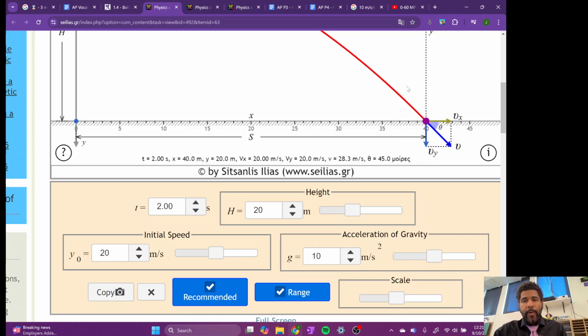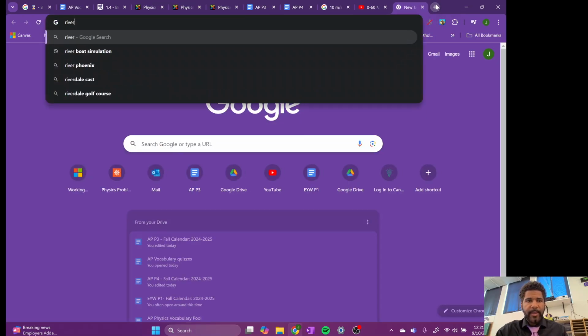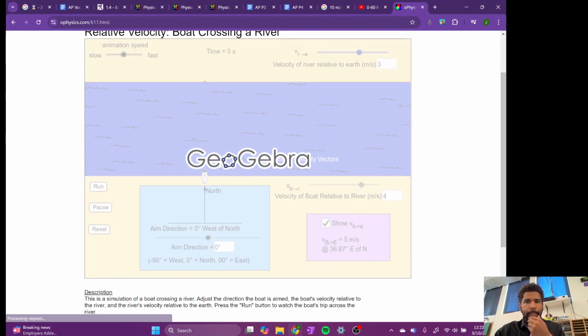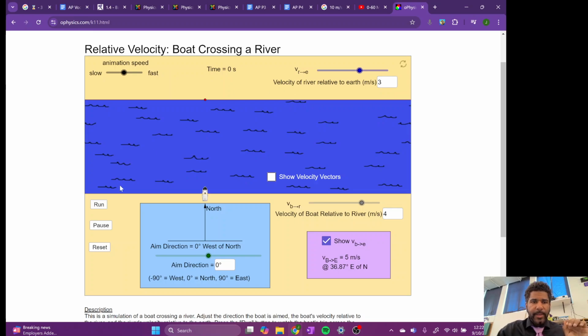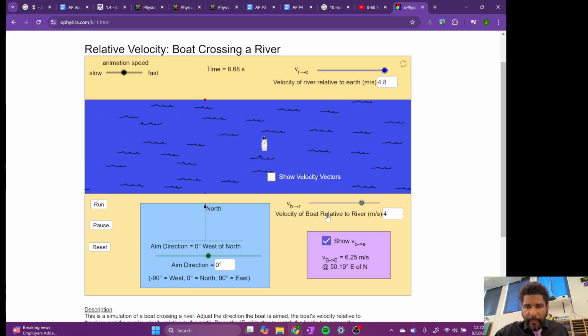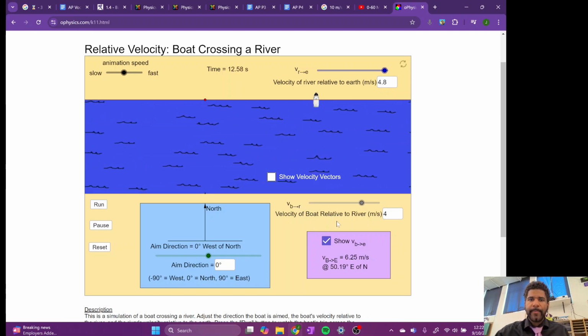When we were at the river problems, when we go back to the river simulation, what we found out is that if we have a river that doesn't have any motion to it, and we have this object go straight across, it's going to take that much time to go across. And then even if we added another component of velocity to the object, if we don't change this component of velocity, then we're still going to get the same time period.